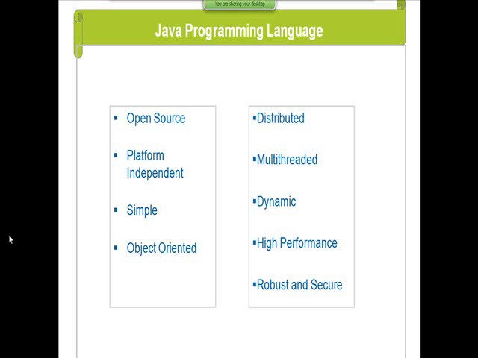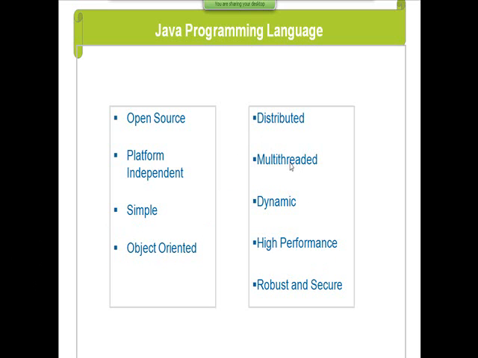Java is a pretty simple, very high level, and very object oriented programming language. Using Java, you can build distributed applications, meaning you can run your application on multiple servers rather than on one single server.